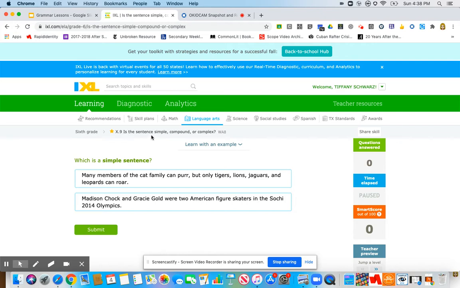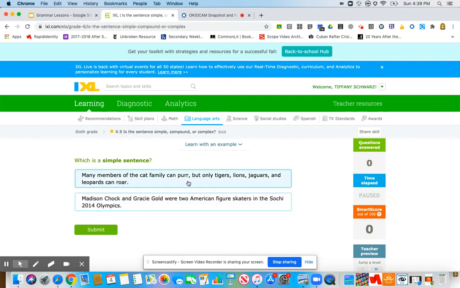Is the sentence simple, compound, or complex? So you have to decide what kind of sentence this is. So let's look at this one. It's asking, which is a simple sentence? Many members of the cat family can purr, comma, but only tigers, lions, jaguars, and leopards can roar. Madison Chalk and Gracie Gold were two American figure skaters in the Sochi 2014 Olympics. Well, let's think about this one.